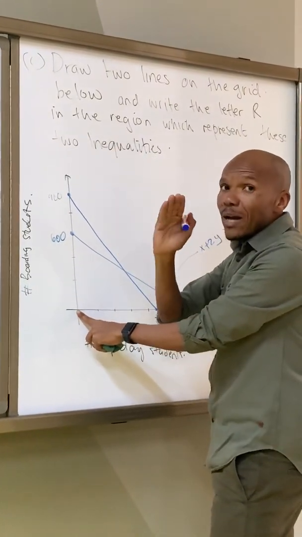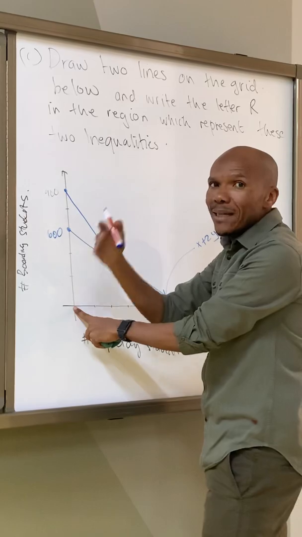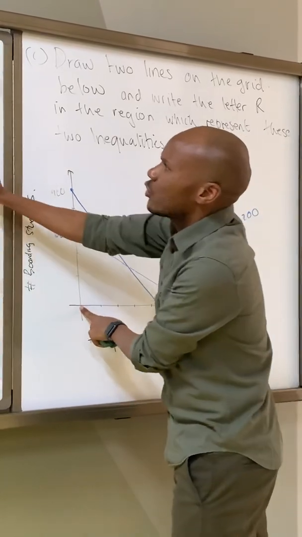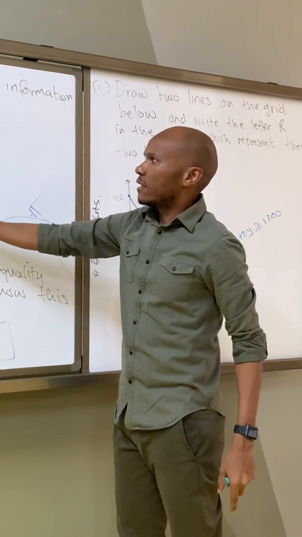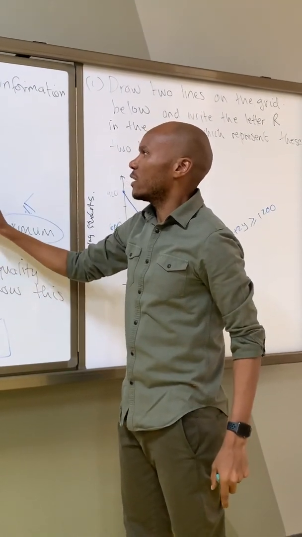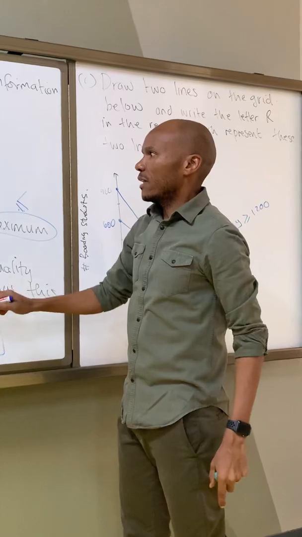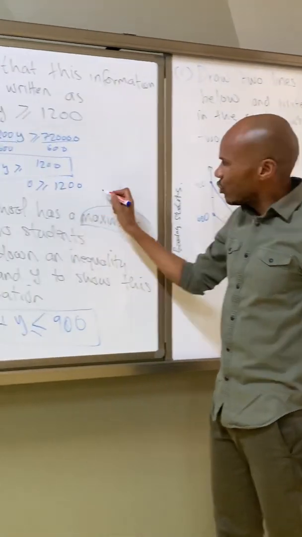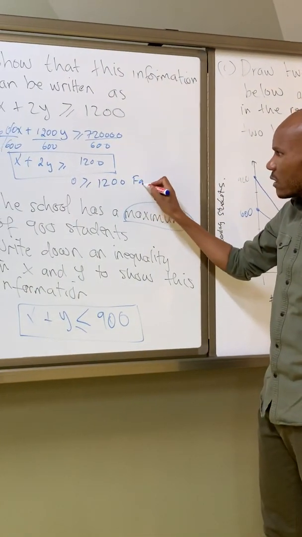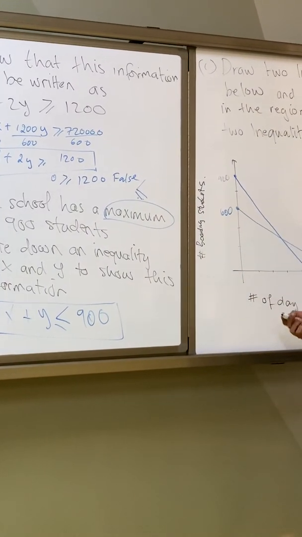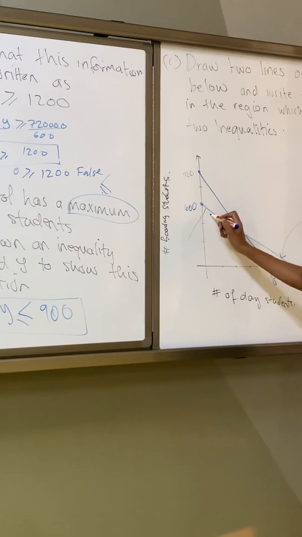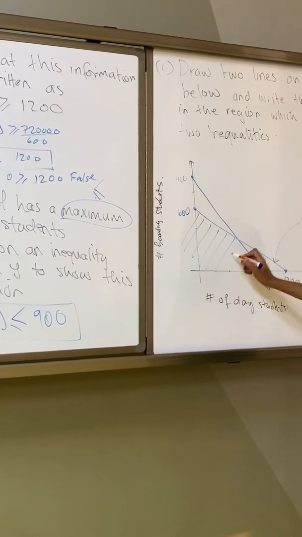By the way, we are only going to shade the unwanted part. So let's substitute 0 and 0. Is 0 greater than or equal to 1,200? No, it's false. So that means I will shade this part because it's false, right? So here I am shading that part.